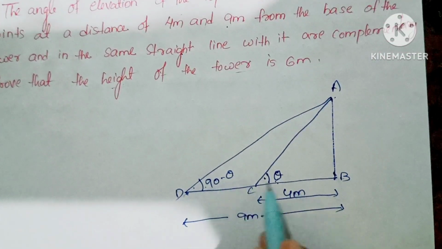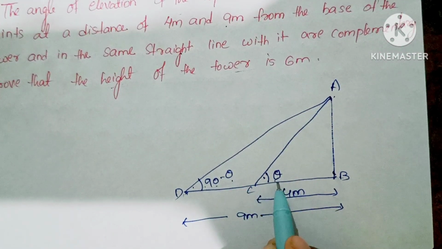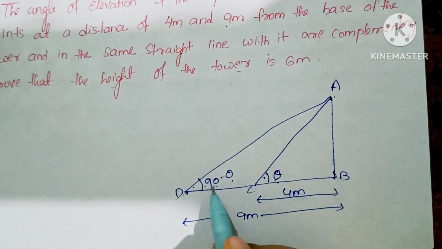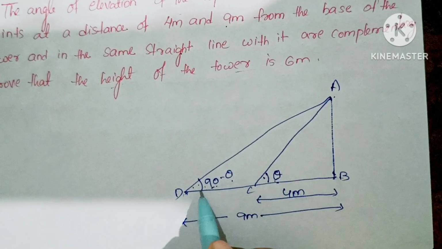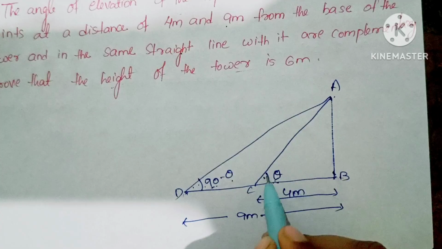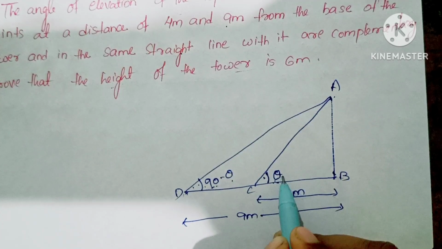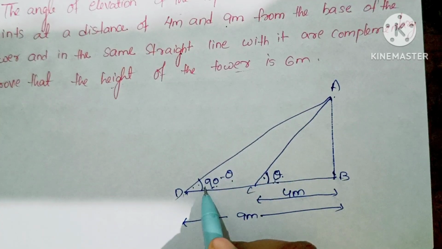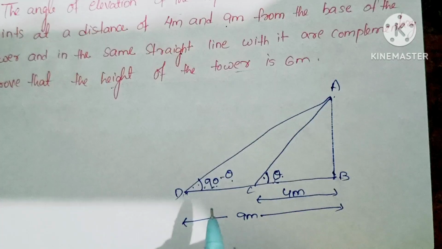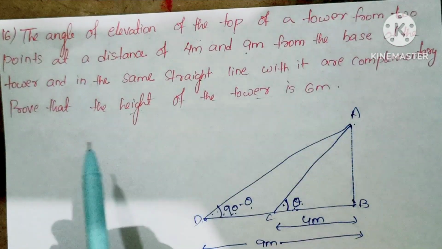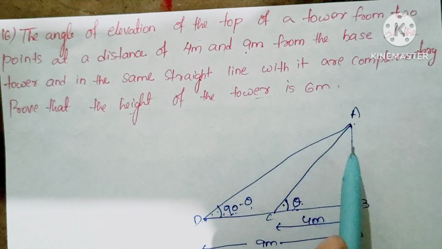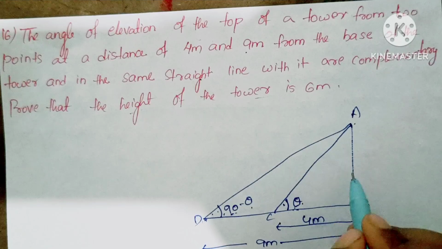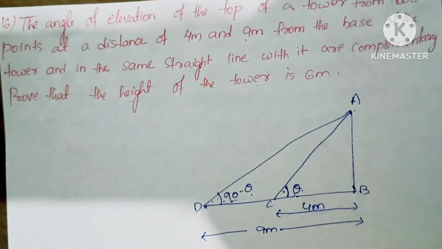Adding, minus theta plus theta cancel, so we get 90. I took one angle as theta because we don't know it, and the other as 90 minus theta. Now we have to prove that the height of the tower AB is 6 meters.